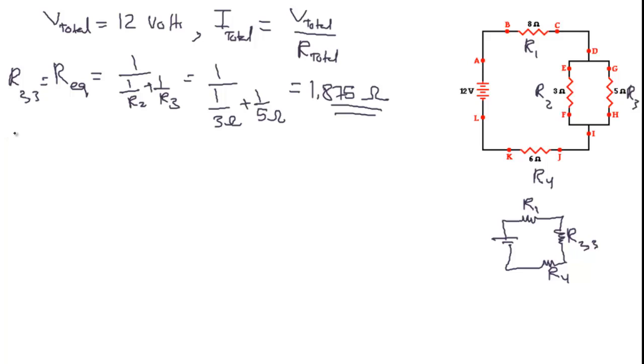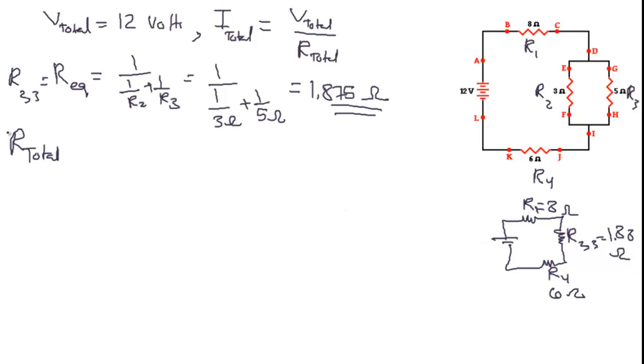So now we can find the total resistance by adding those 3 resistors that are connected in series with each other. R1 is equal to 8 ohms, the equivalent of 2 and 3 is equal to 1.875 or 1.88 ohms, and R4 is equal to 6 ohms.